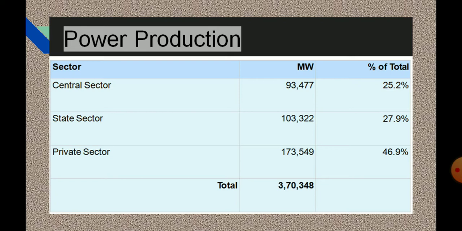Its percentage of total production is about 28. Private sector, its power extraction is about 1,73,549 and its percentage of total production of the power is about 47%. So altogether the total power production in terms of megawatt is 3,70,348.